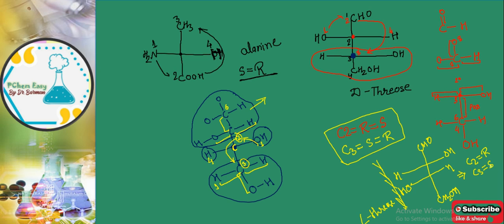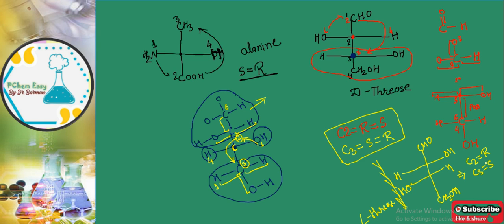You try yourself, and still if you have any difficulty, you can tell your query in the chat box. I will definitely address the query. I hope by applying these rules, you all will be able to assign the configuration in any sugar molecule, whether it has 5 chiral centers, 4 chiral centers, or 6 chiral centers.